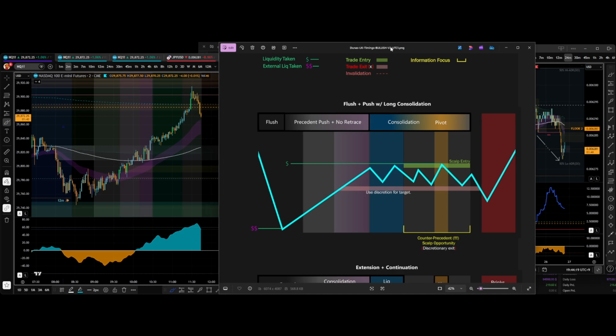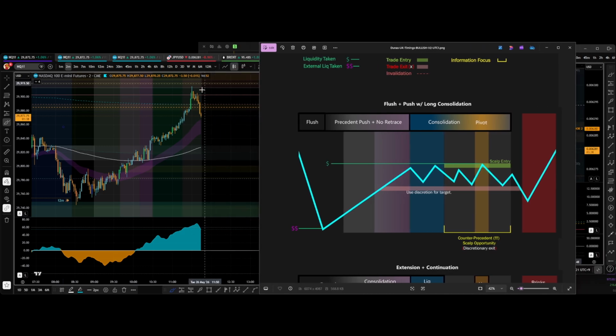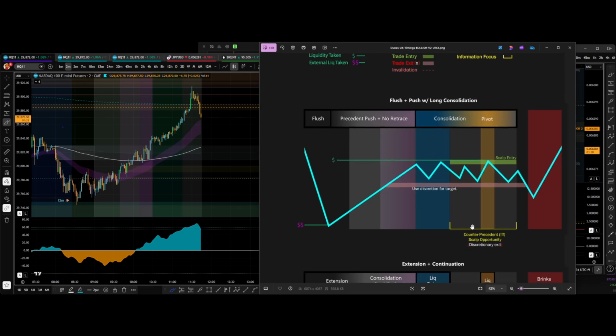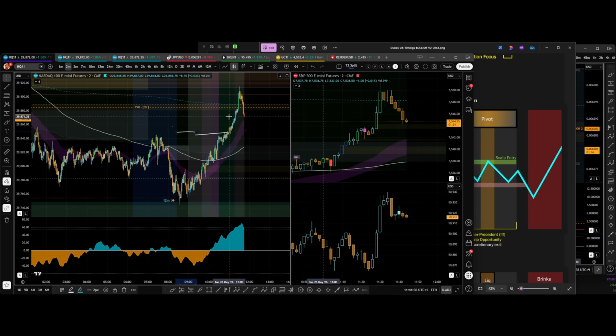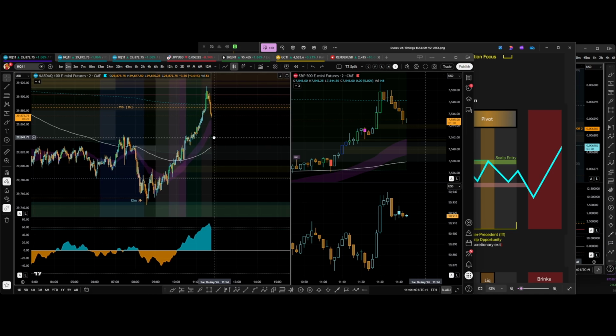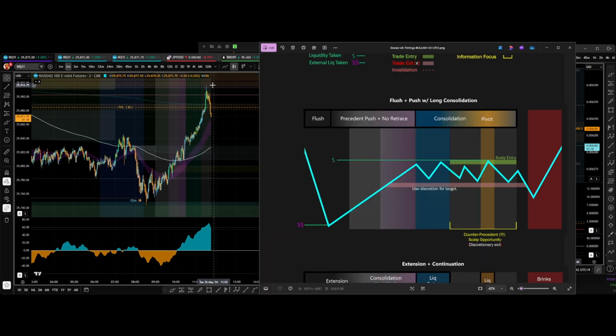And the main trade here, which is why I took most profits around here, is a counter precedent or counter bias scalp opportunity, which comes in around the gold point, which is US pre-market-ish. Oh my god, I'm so sorry, it's so messy. Around the gold, so that would come around midday.